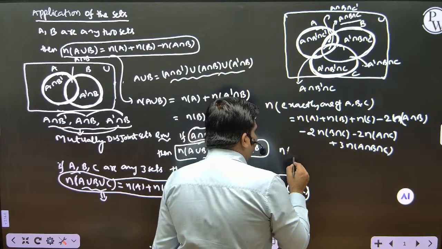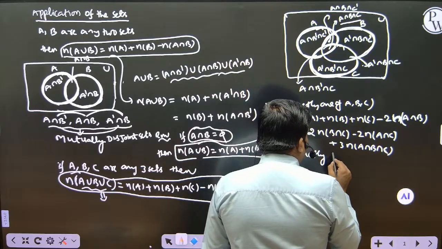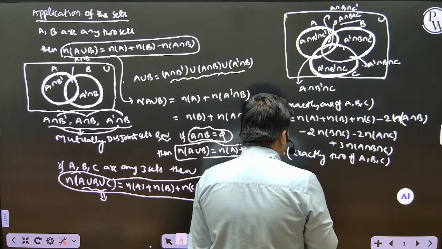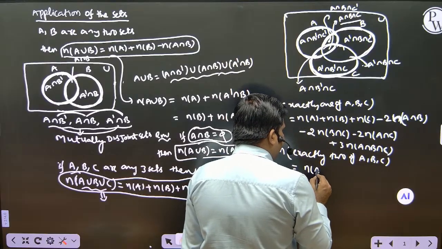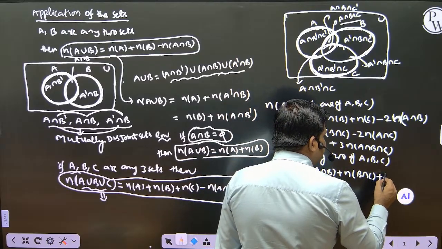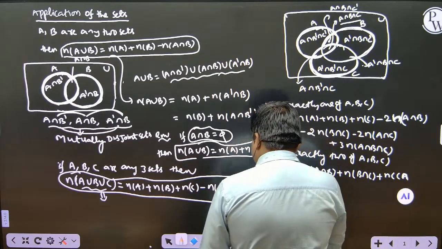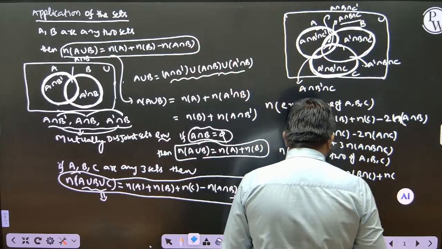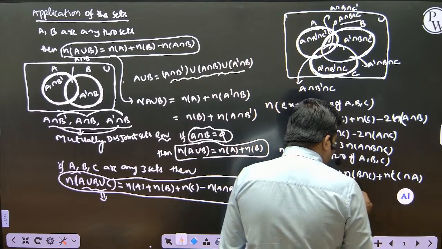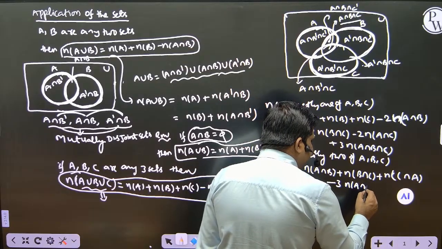Next one, n of exactly 2 of a, b, c. That is equal to what? n of a intersection b plus n of b intersection c plus n of c intersection a, minus 3 times n of a intersection b intersection c.